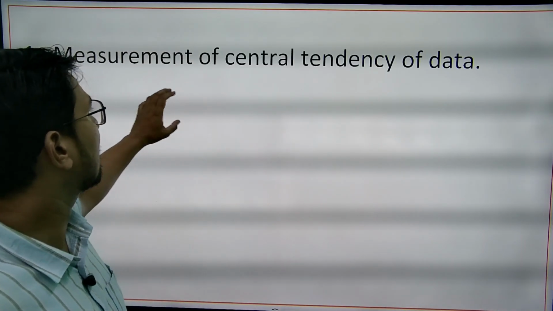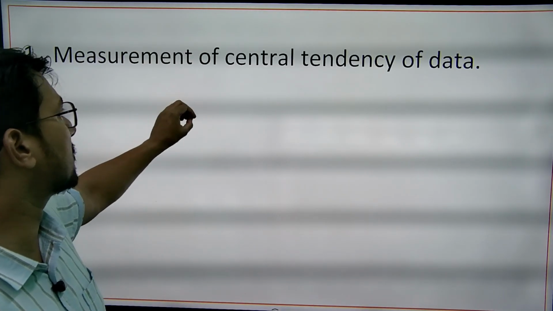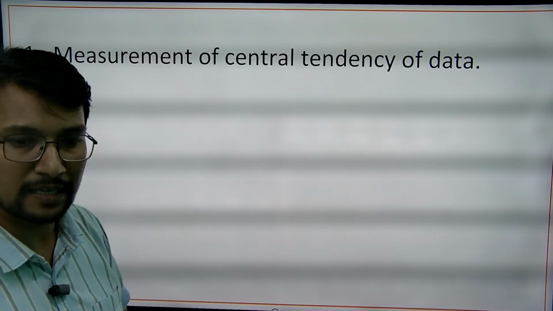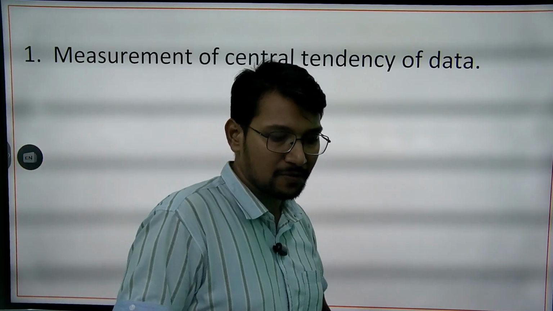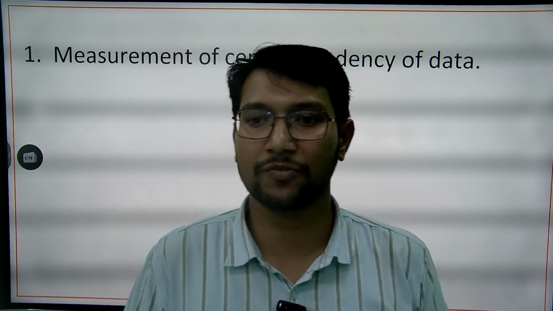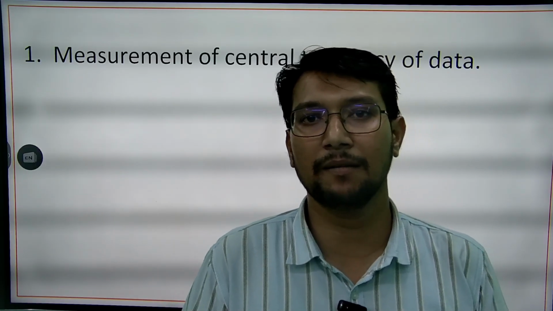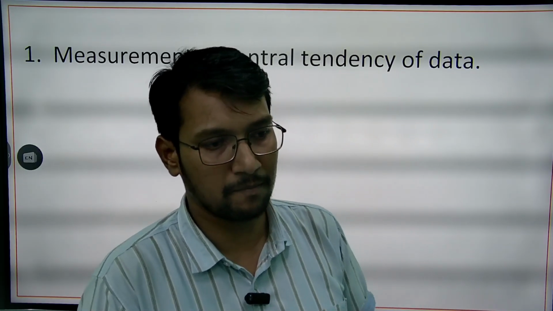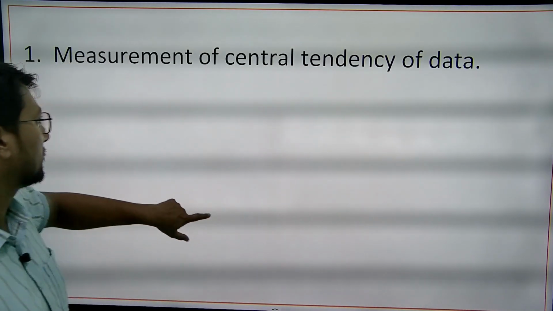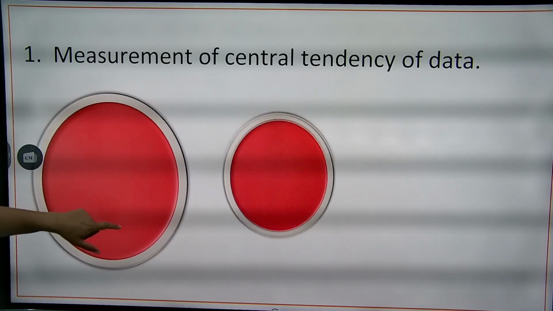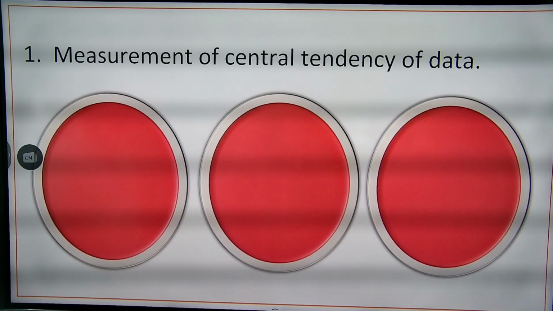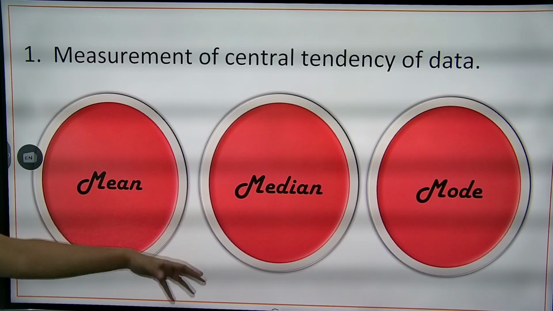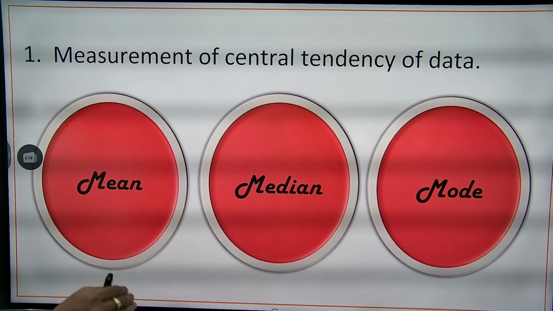And this is a class 10 topic, measures of central tendency of data. Measures of central tendency of data means three things: mean, median, mode. These three are known as the central tendency of data.